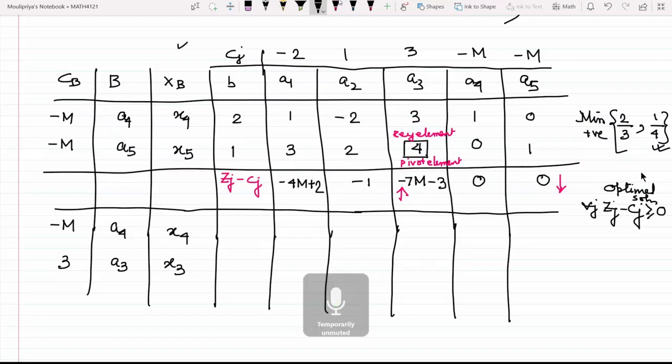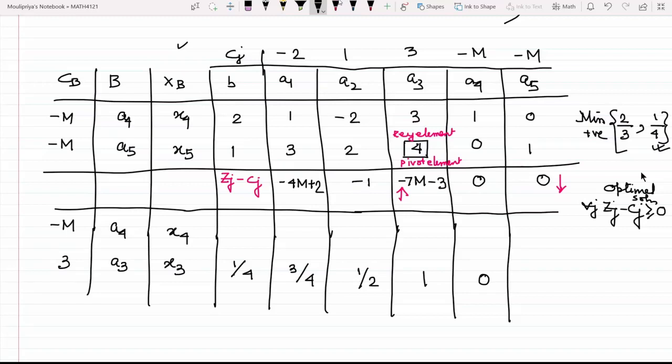There was something about dividing the elements. Yes, sir. Dividing. Exactly. That implies we will divide every element of row 2 by the key element or the pivot element, which is 4. And we are getting the elements as 1/4, 3/4, half, 1, 0.